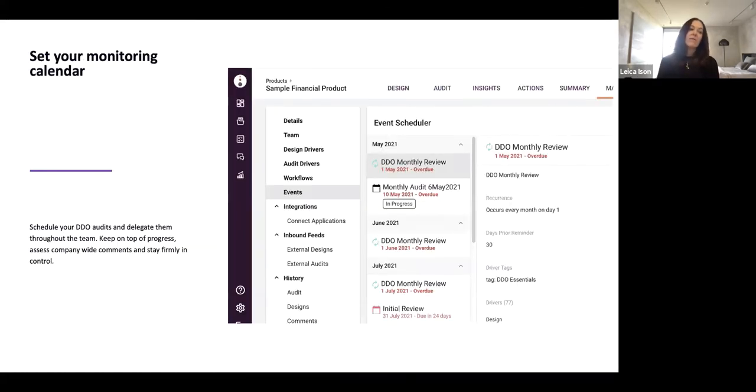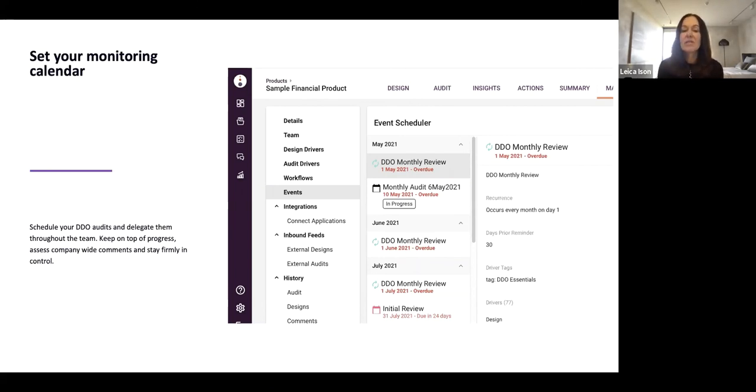Now, one other area that I want to flag in terms of best practice, again on that theme of being really busy, having a lot on, and being spread too thin. I've stepped through each of the products in my portfolio and set those initial reviews and then the ongoing reviews. I might have 200 products in my portfolio.